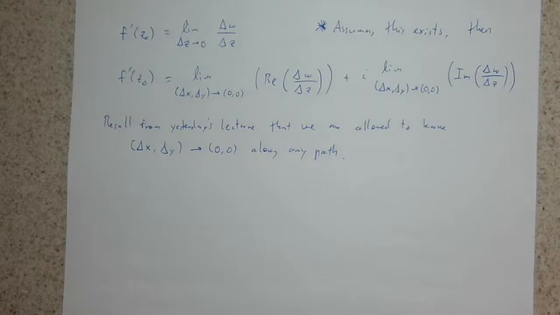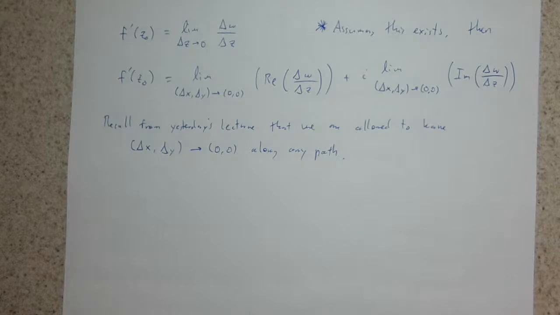We used that to our advantage in yesterday's lecture to show that some of these functions that we looked at didn't actually have derivatives at a lot of points. An example of that is like z over z bar, or actually, I think in yesterday's lecture the example that we used was just z bar. So f of z is equal to z bar.